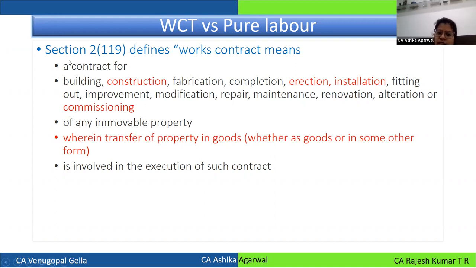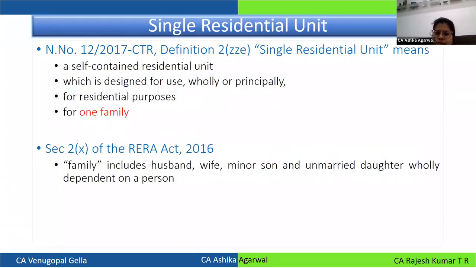So a works contract is a contract for building, construction, fabrication, completion, erection, installation, fitting out, improvement, modification, repair, maintenance, renovation, alteration, or commissioning of any immovable property, wherein transfer of property in goods is involved in the execution of such contract. So it's a composite supply where labor plus material are both there, that is the first thing. Second thing, if you read the works contract definition, it is very wide. It not only consists of construction, erection, installation, and commissioning, which is in your pure labor one in the exemption.